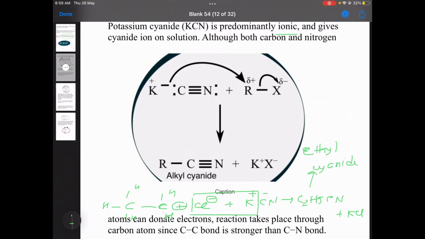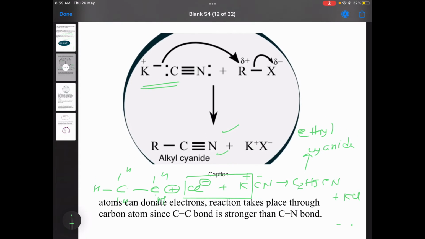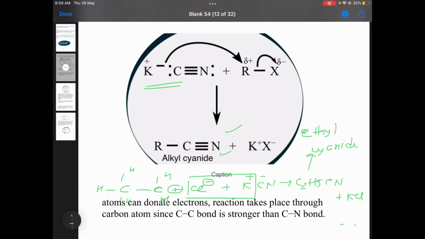As indicated with all the alkyl halides, K+ and CN- are there, the CN- is going to attack, the K+ will go and attack the X-, which gives you KX, and simultaneously RCN is obtained. So the question arises, why does the nitrogen not make a bond with the alkyl group?